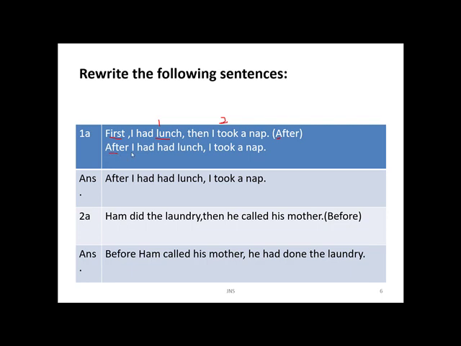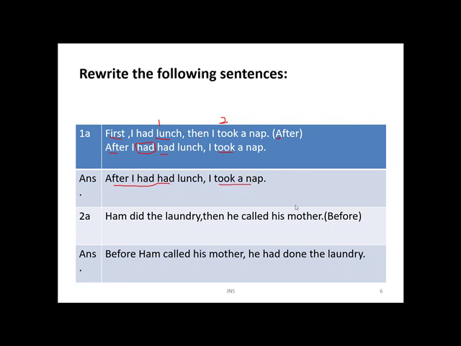I put "I", this is "had", which is part of the rule, and this is "had", the past participle of "have". Lunch, I took a nap. Here we use "took" in the past simple because this is the second action. So the answer would be: After I had lunch, I took a nap.